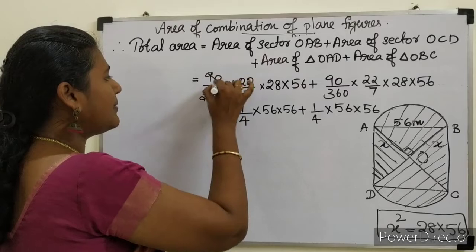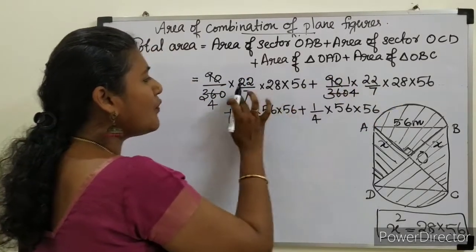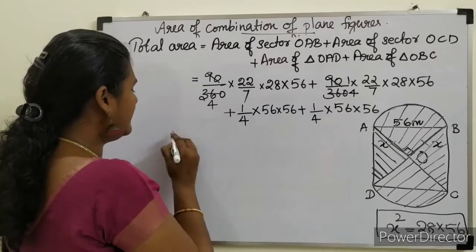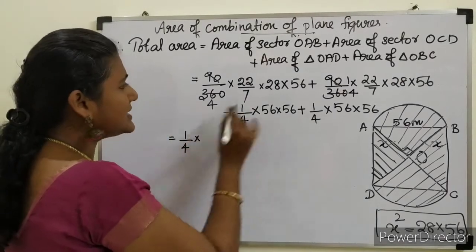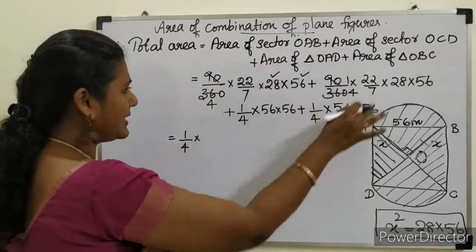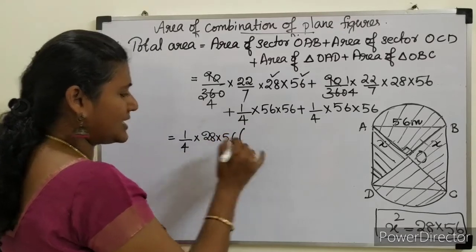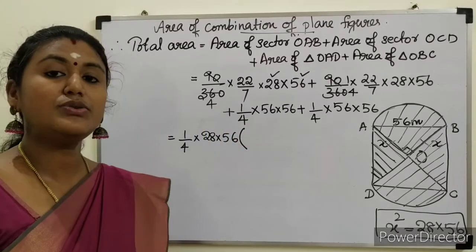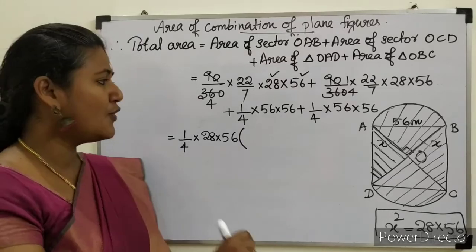Now if you simplify here, we have 1 by 4 in all the four terms, so we will take 1 by 4 outside. And 28 and 56 are there in almost all the terms, so we will take 28 into 56 outside. So 1 by 4 into 28 into 56 we take outside from all four terms.